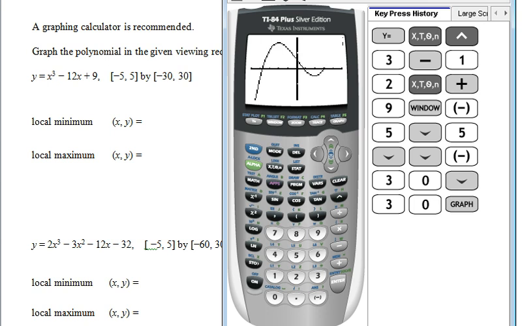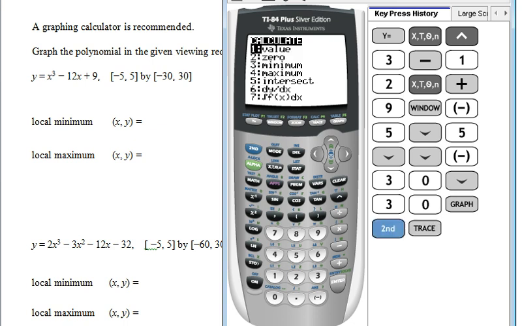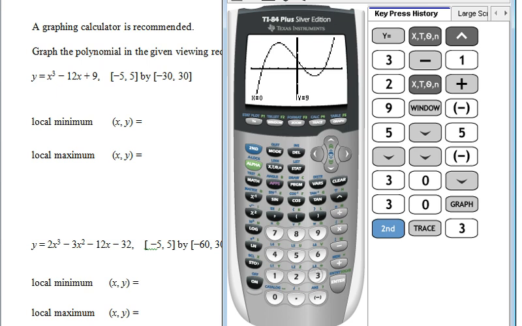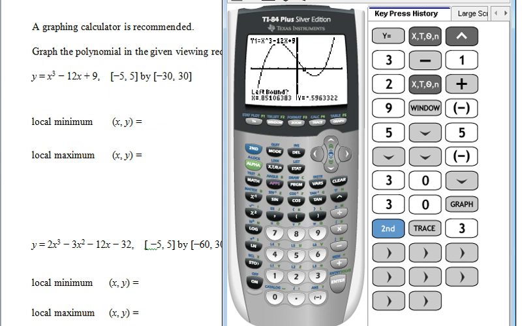And we see that there appears to be a local maximum at about x equals negative 2 and a local minimum at about x equals 2. So I'm going to use second trace, press 3 to find the minimum. We're going to press the right arrow until the cursor is to the left but fairly close to the local minimum.